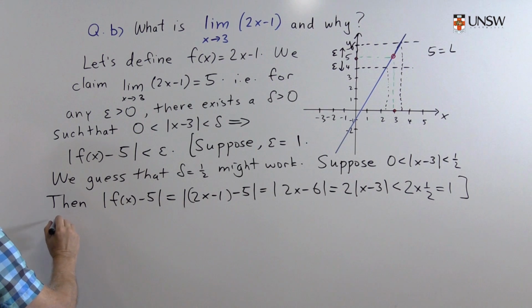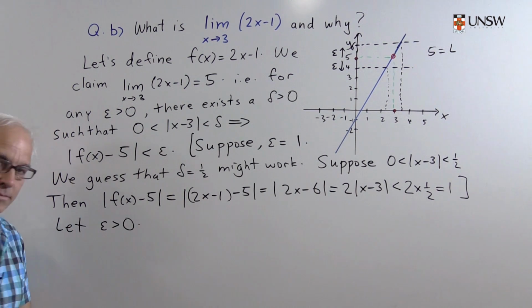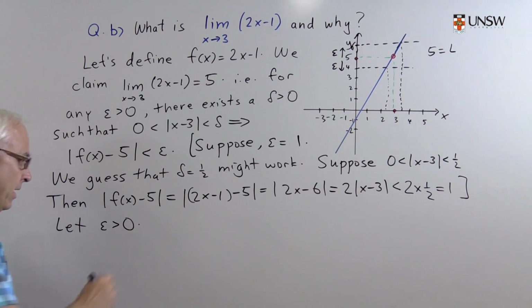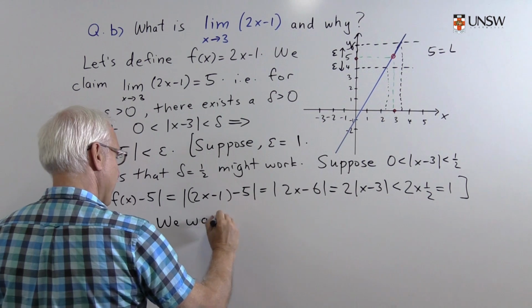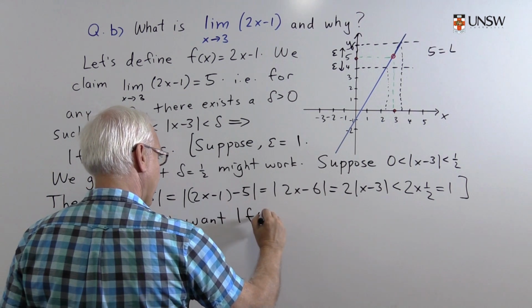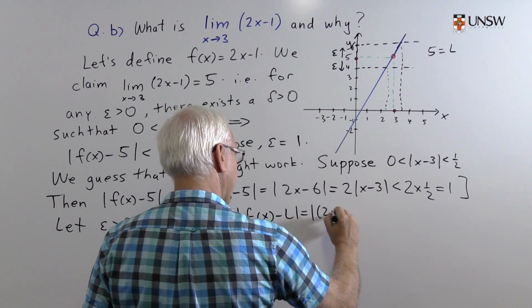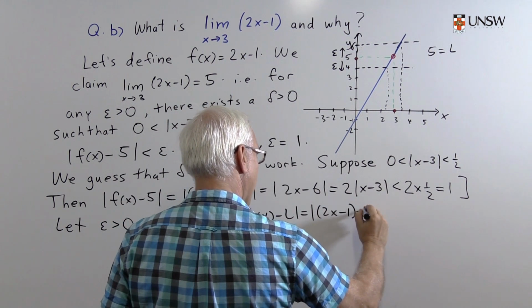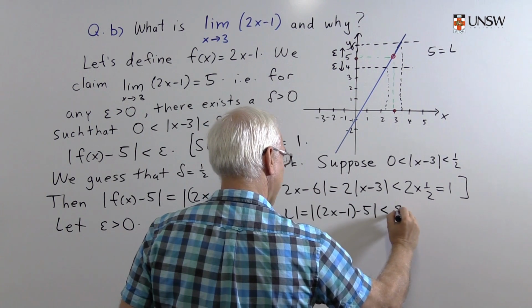Okay. So let epsilon be greater than 0. We want f of x minus L, which is 2x minus 1 minus 5, to be less than epsilon.